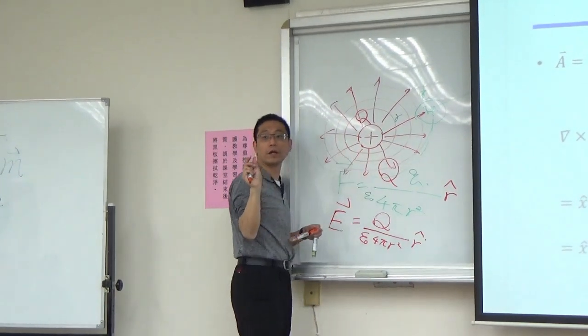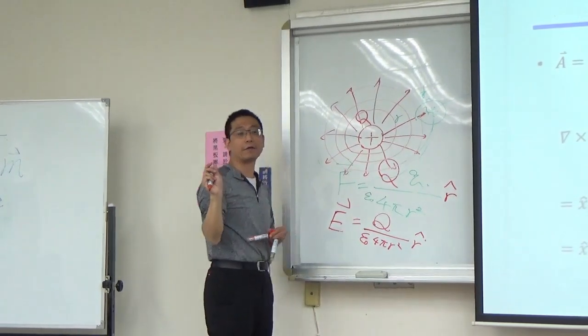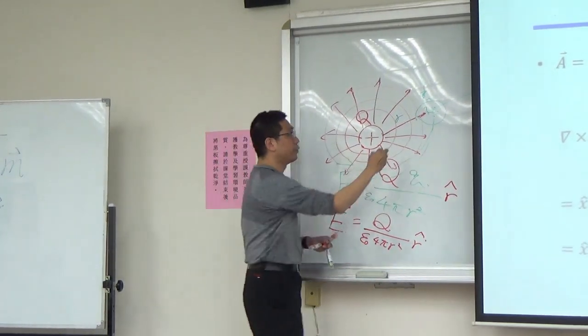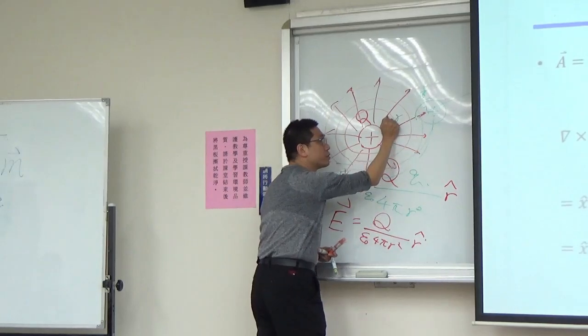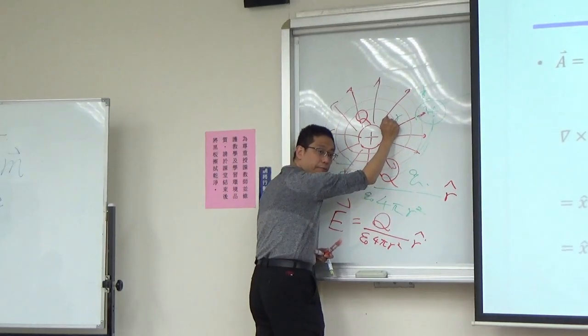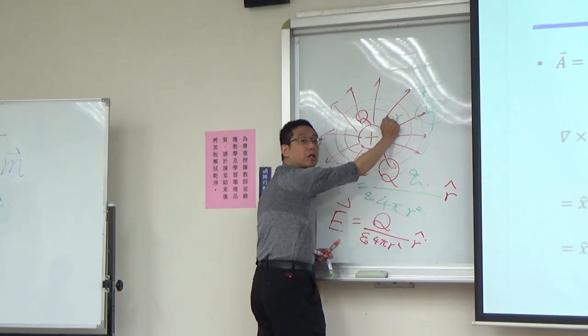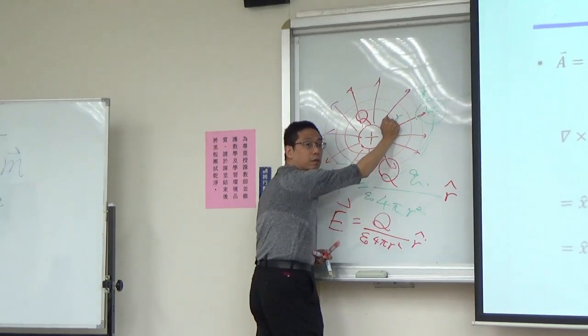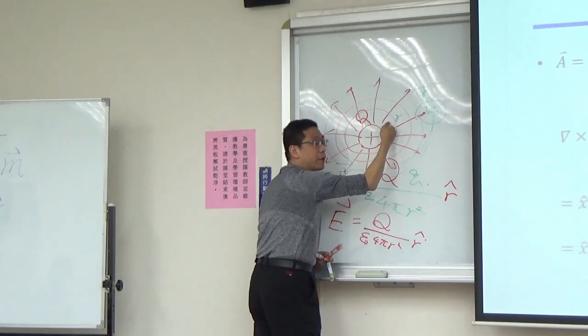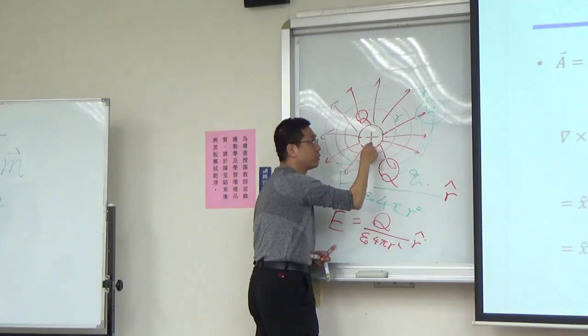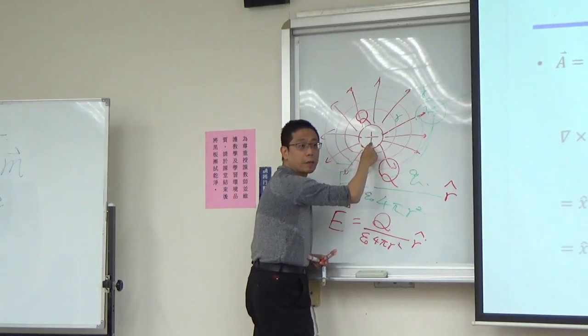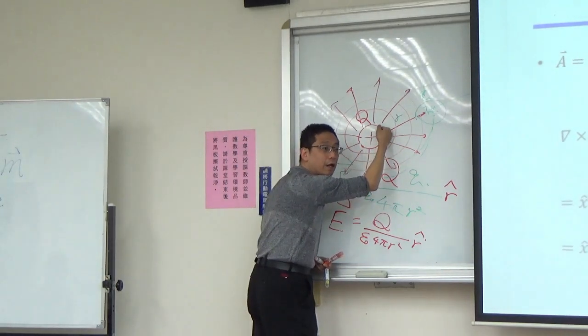You will find out that if you put the charge very close to here, the force is very large, which means there is a potential. Maybe you say voltage potential. In that position, very close to your center, the potential is very high.